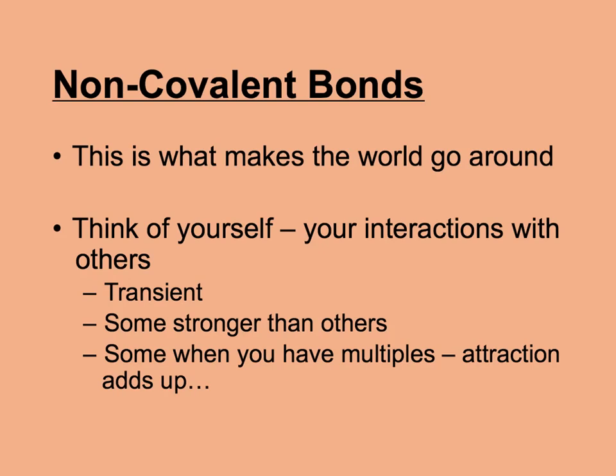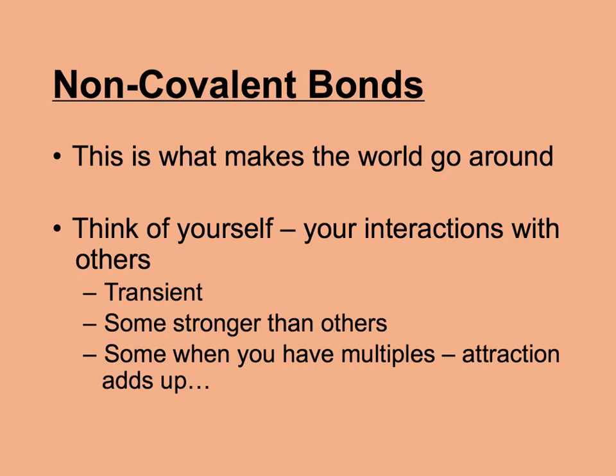Just because two things aren't held together strongly by a covalent bond doesn't mean that they can't be held together strongly by non-covalent bonds. Any individual non-covalent bond is not as strong as a covalent bond, but you end up with lots and lots of non-covalent bonds, so they make up for their lack of strength by having increases in numbers.